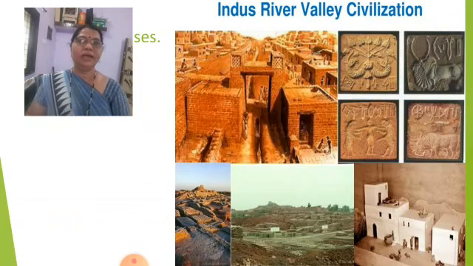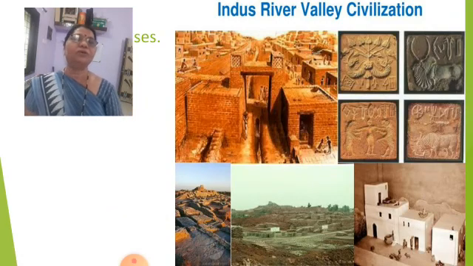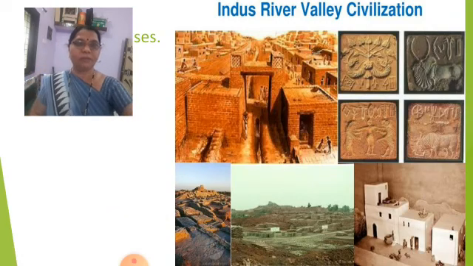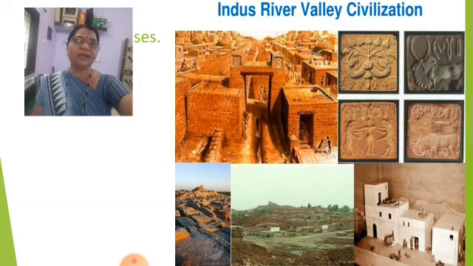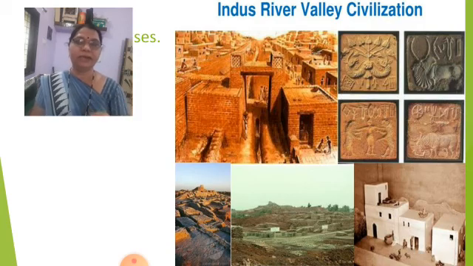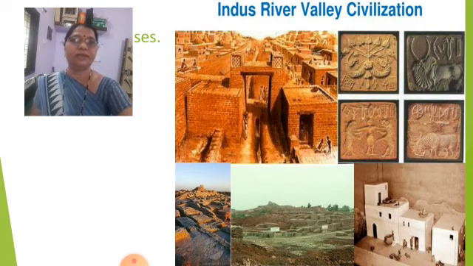Here, in the Indus River civilization, you can see the houses where they lived, and we can understand the double-storey houses. The Indus River Valley civilization means Harappa, Mohenjo-daro, Kalibangan and Lothal, the four cities.